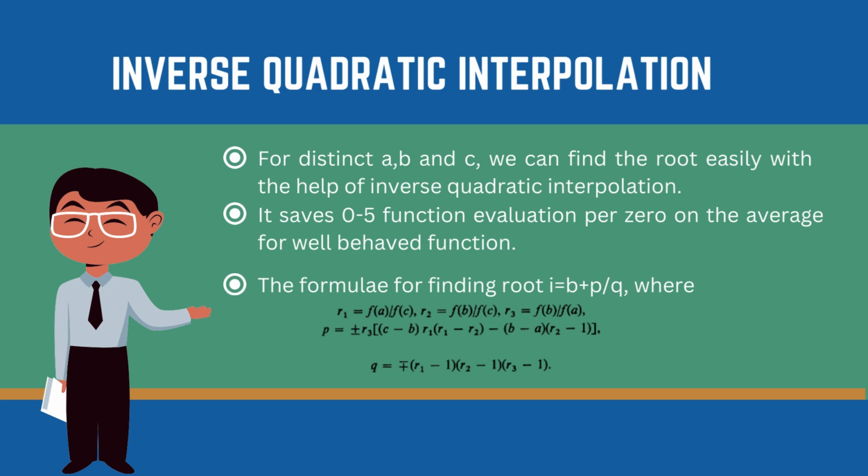Here it takes three distinct points A, B, C. We can find the root easily with the help of inverse quadratic interpolation, and it saves 0.5 evaluation per iteration on average for well-behaved functions. The formula for finding the root is shown there. Hope you will note it down in your notebook.